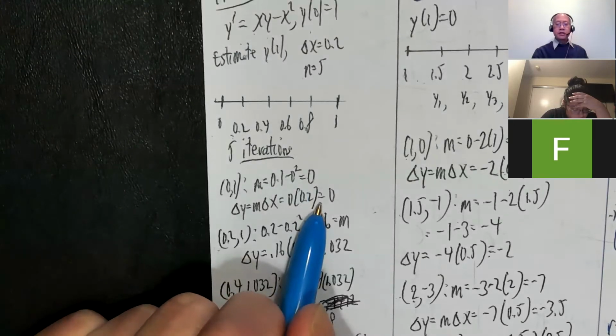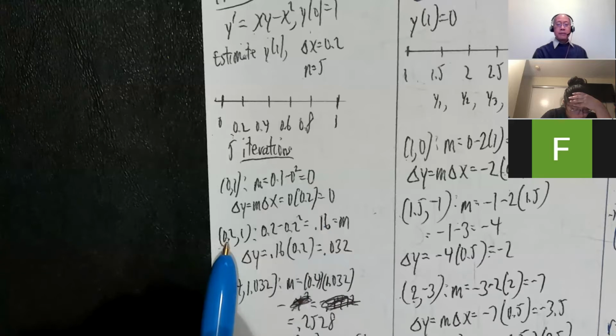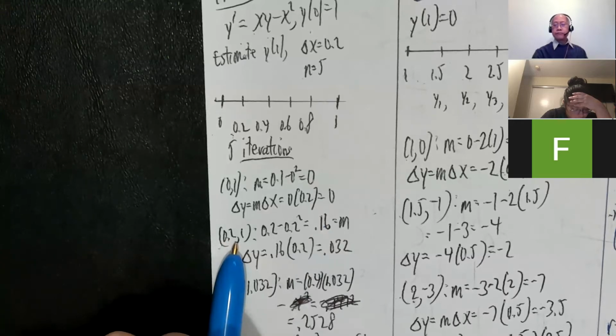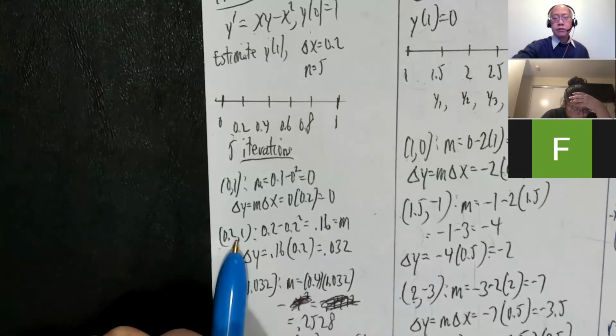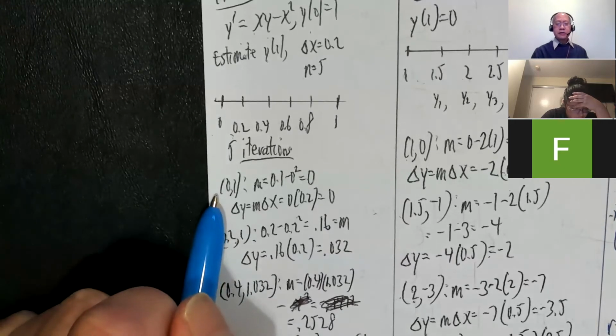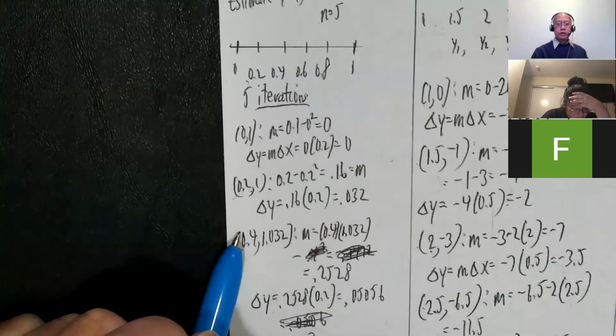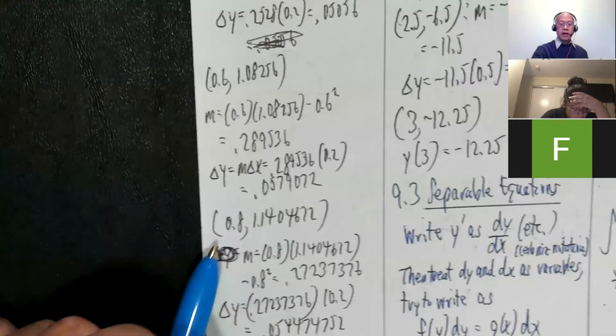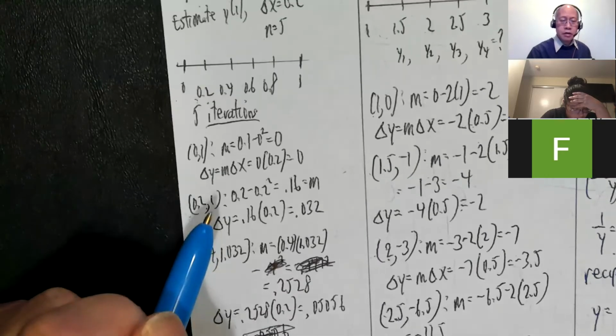So if my delta y is 0, I'm now at 0.2, 1. Right? Automatically, the x's are set. 0.2, 0.4, 0.6, 0.8, and 1.0 or 1. The y's are the ones that are harder to compute.